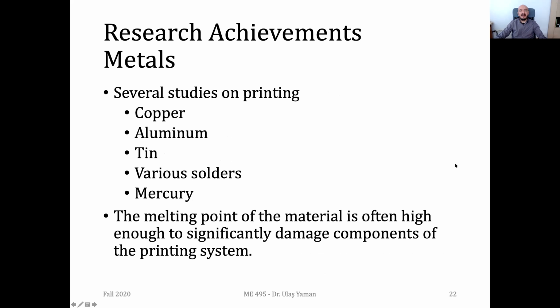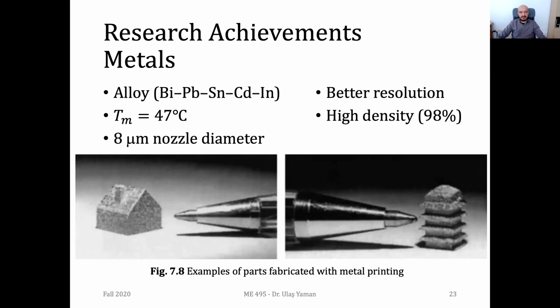If it's high, it will be almost impossible to have them in material jetting processes. For instance, you see there's an example where they jetted an alloy, and the melting point temperature of this alloy is just 47 degrees. If you have such combinations of metals like alloys, you can do material jetting with metals, but we prefer to do binder jetting with metals.